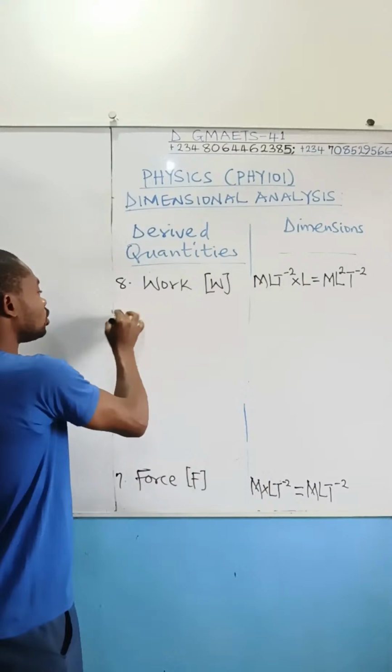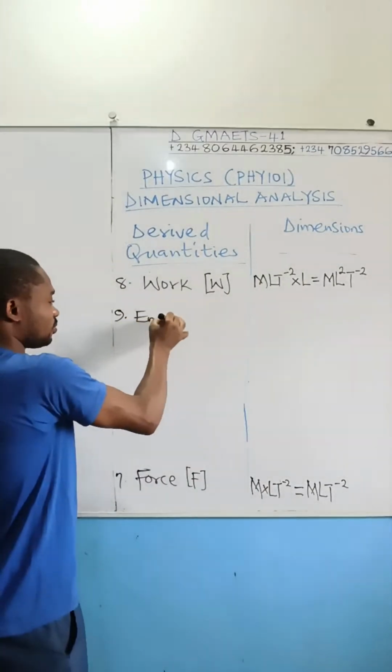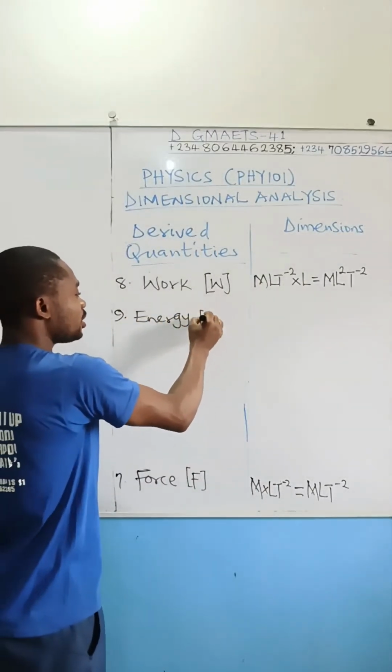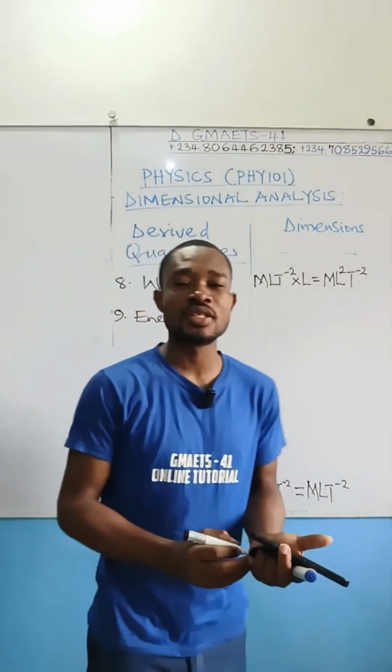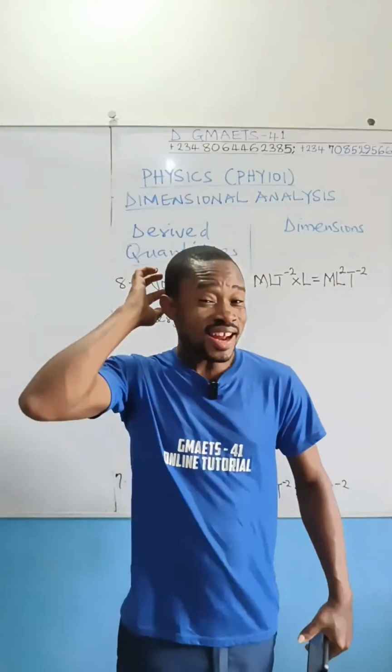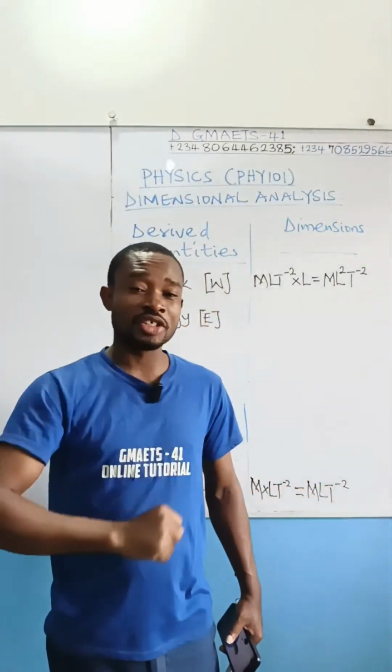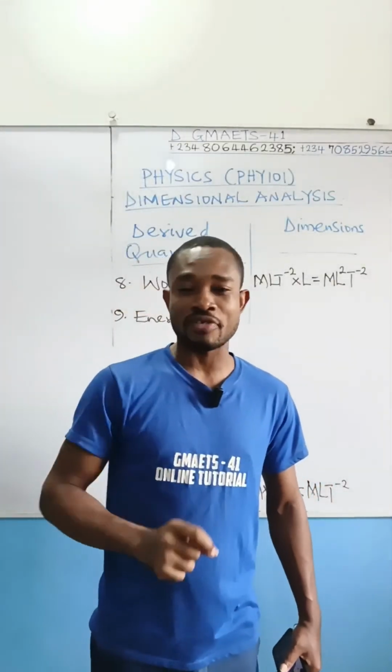We move on to the next one, energy. Interestingly, you will find out that the dimension of energy is the same as the dimension of work. Now, for us to establish the dimension of energy, I am going to use one formula of energy.